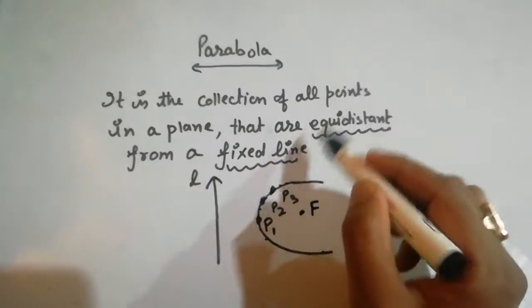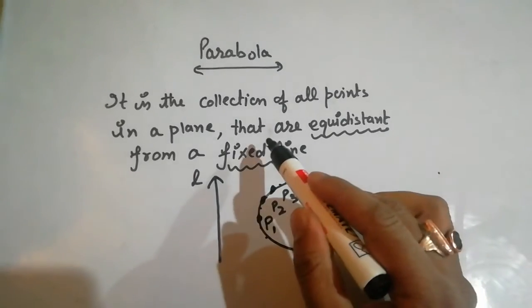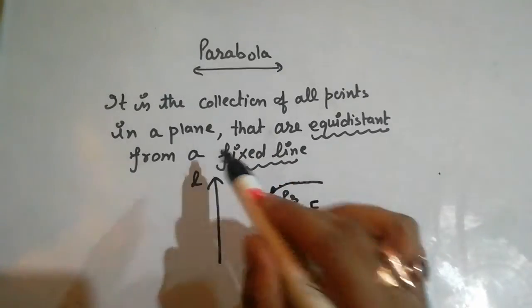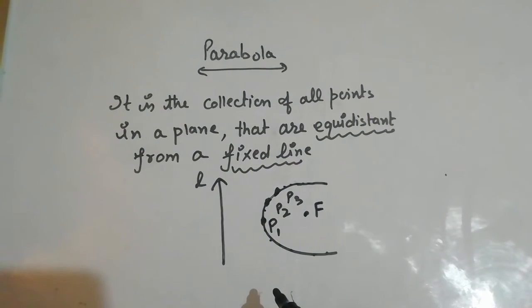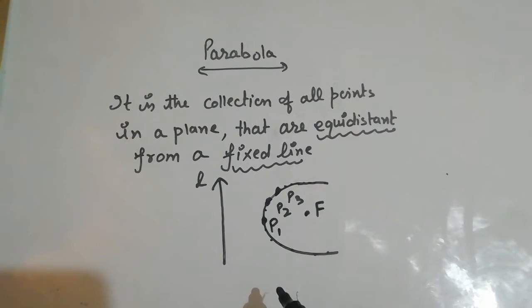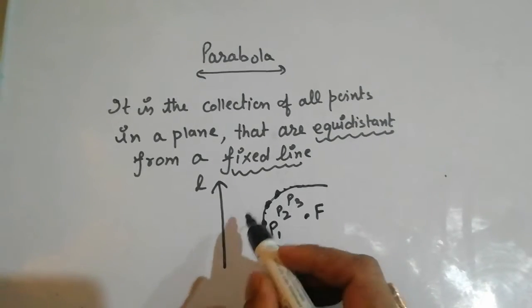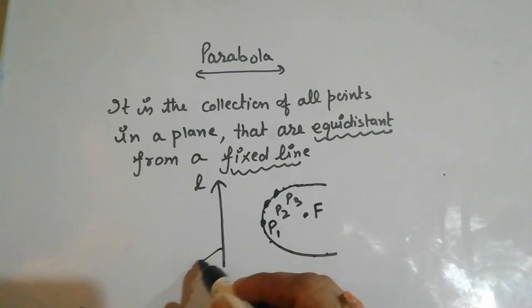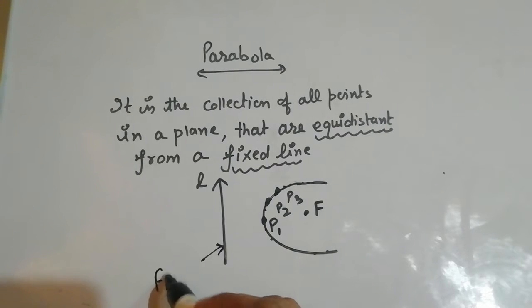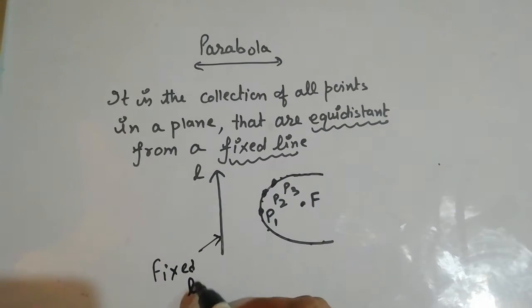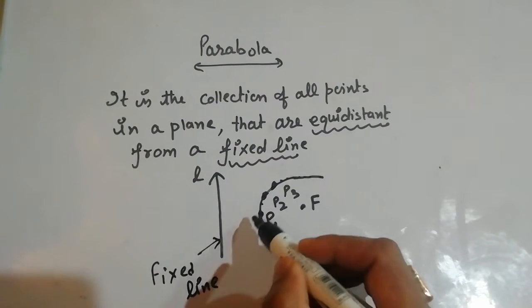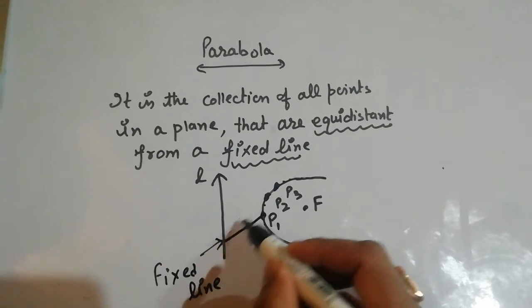So it is a collection of all points which are at equal distance from a fixed line. We are considering the case of a fixed line because this is fixed.